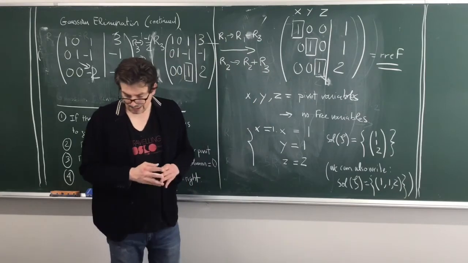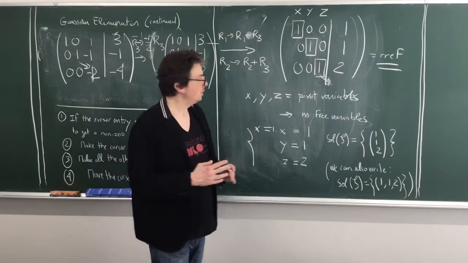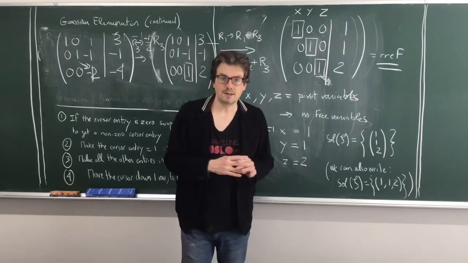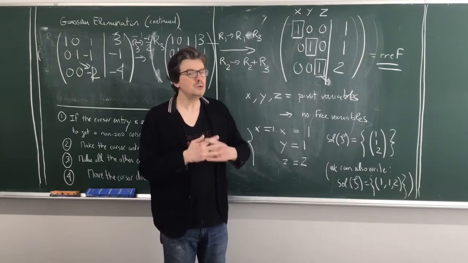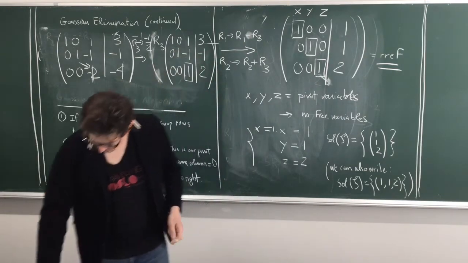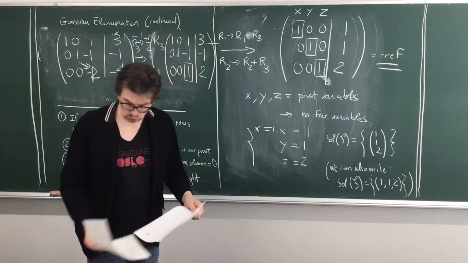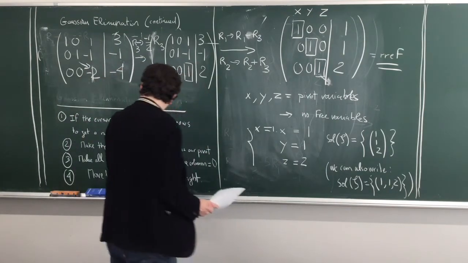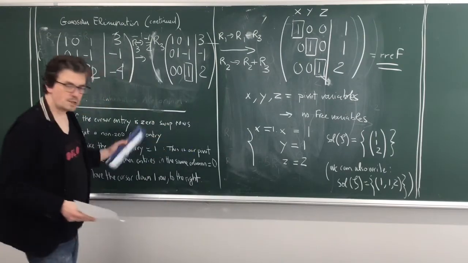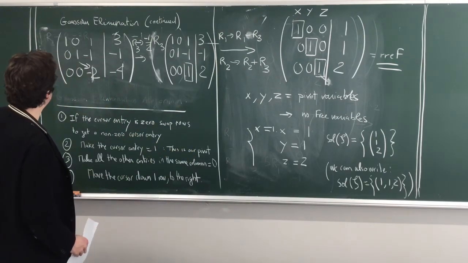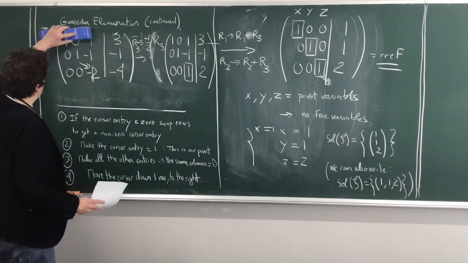As we have seen in the previous session, it's not always the case that the set of solutions will be a unique solution. So to illustrate this, I would like to take example 2. Okay, so I'm going to erase this. We will still apply this algorithm, but I need some space.